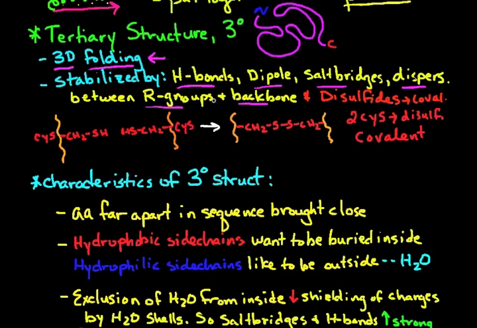But the type of interactions that they're going to participate in, whether they're backbone or side chain, are going to be the common intermolecular interactions that we've already talked about.